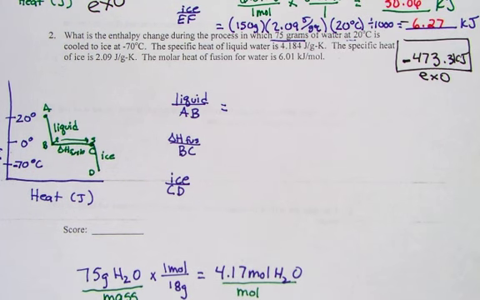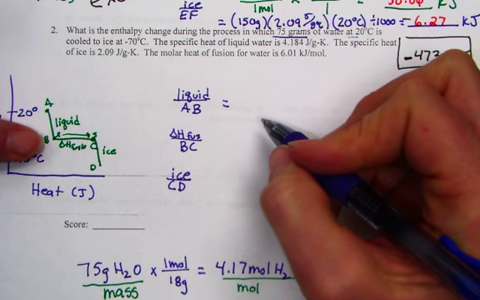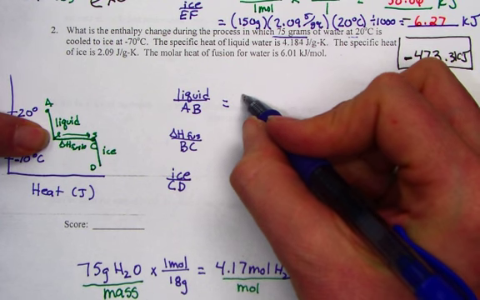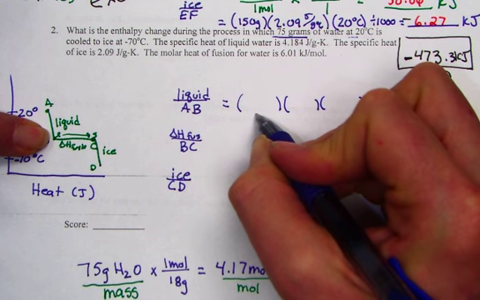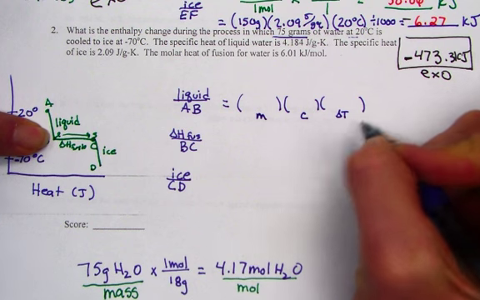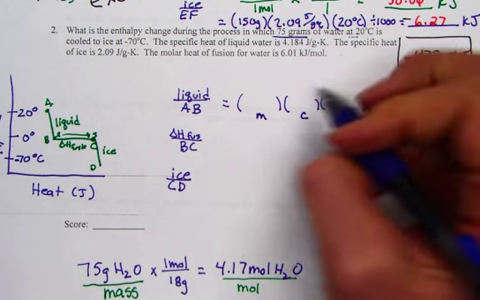When we take a first look at that line segment AB, from point A to point B, we are changing temperature. We have a slope to the line. We know it's an MC delta T, where M stands for mass, C is the specific heat constant, and the temperature change is delta T. The mass we were given is 75 grams.